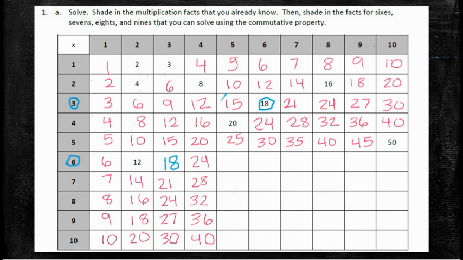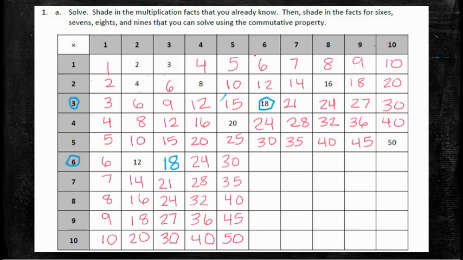Okay, good. We have our multiplication facts for 5s. Okay, so everybody should be doing really well now.